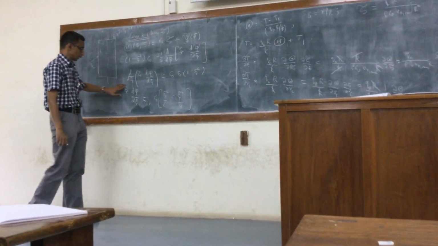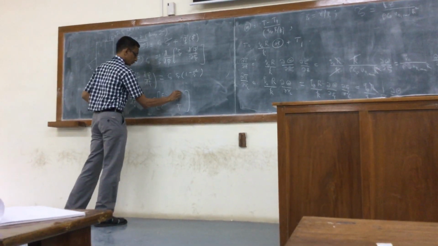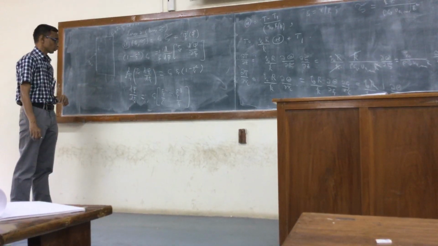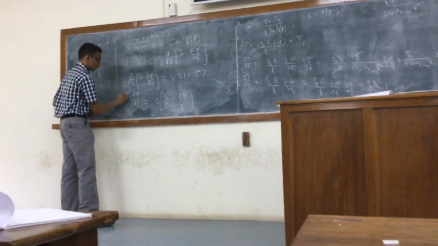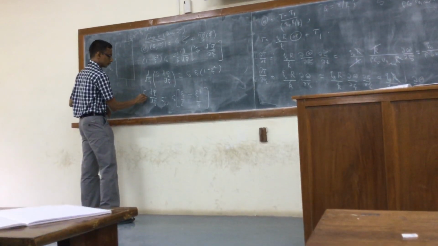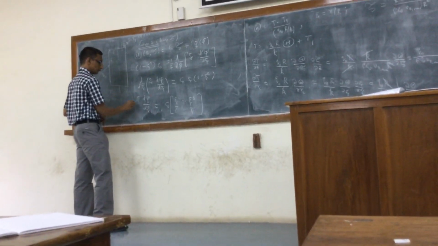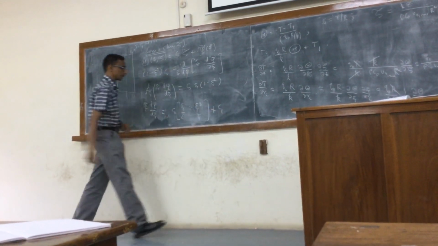And I'm sorry, I have an integration constant, so let me keep this. Psi d psi by d psi is this plus some constant c1, let's say.